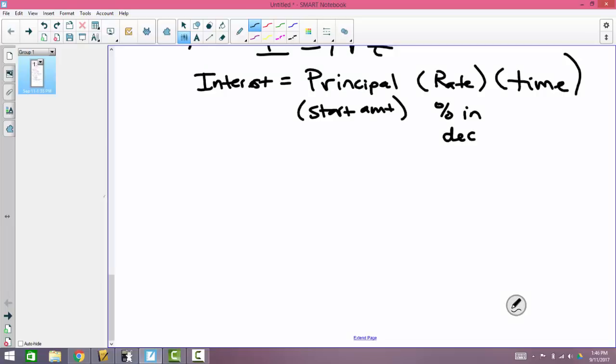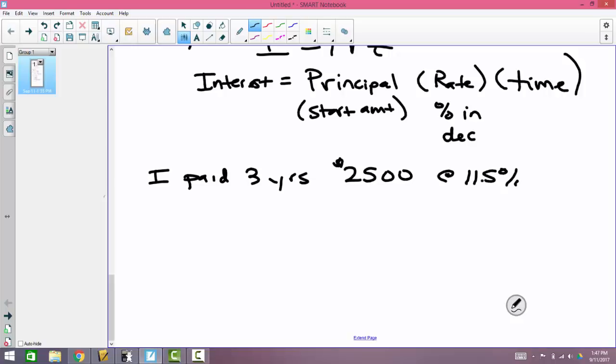So if we have interest paid for 3 years on a $2,500 loan at 11.5% per year, we would need to solve for the missing thing. So we're solving for the interest.